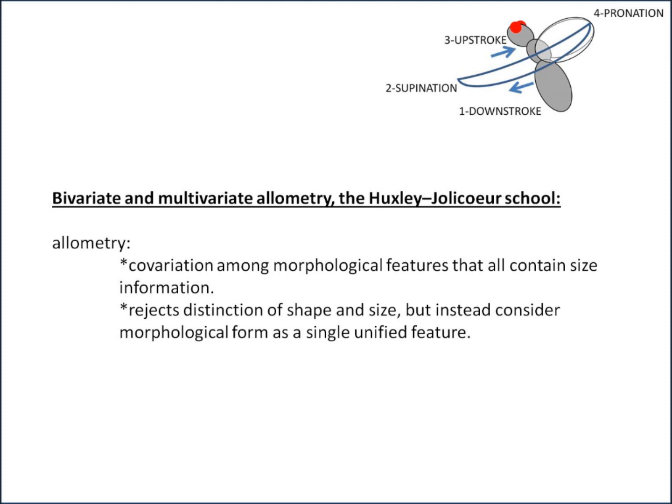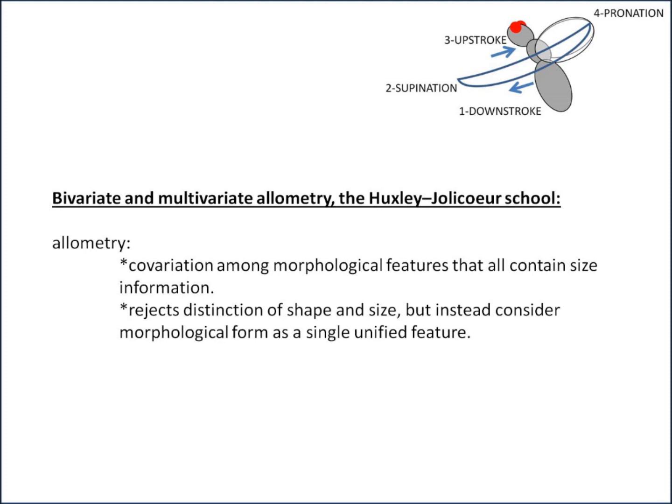So really there's an emphasis on covariation amongst different traits, and it completely rejects the distinction between shape and size, unlike the Gould Mosimann school. Rather, the Huxley Jolicoeur school considers that morphological form is a single unified feature, and it posits that allometric trajectories can be characterized by the first principal component, which is the line of best fit to the data points.